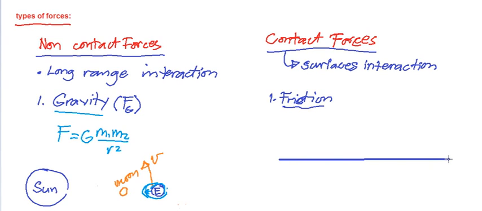Let me go back to the figure that I have shown earlier. I have here this floor, and on the floor I'm going to place an object. Say this is the object. I'm going to rest that one on the floor.